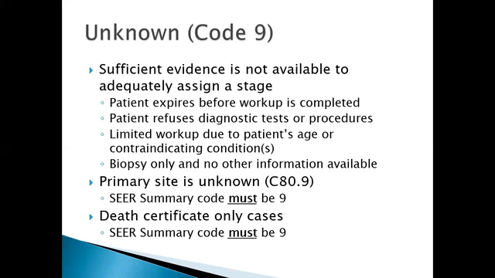If you don't put a 9, you're going to get an edit. Same for death certificate only cases. Those have to be assigned as a SEER summary stage 9. So there are sometimes you might have to use a 9, and then there are 2 times that you have to use a 9.